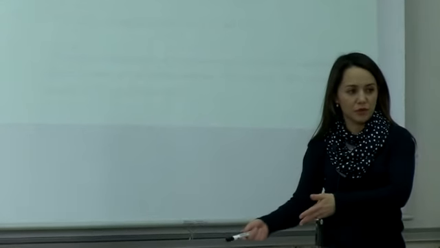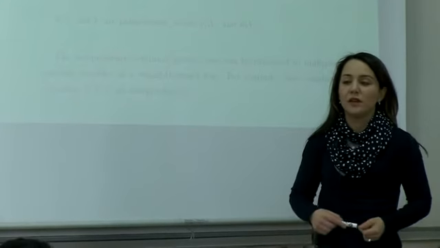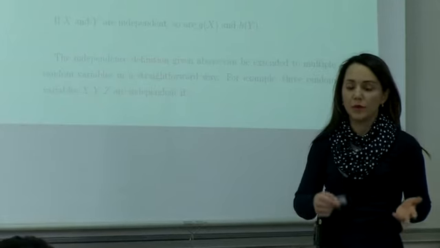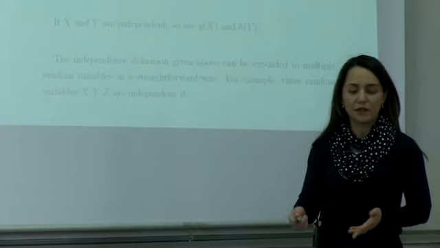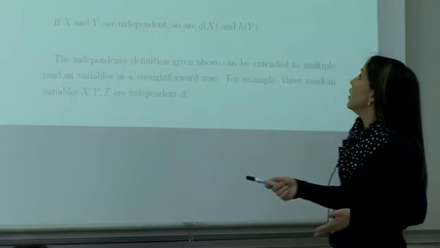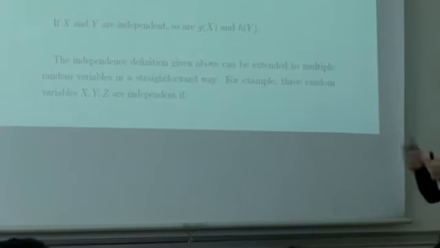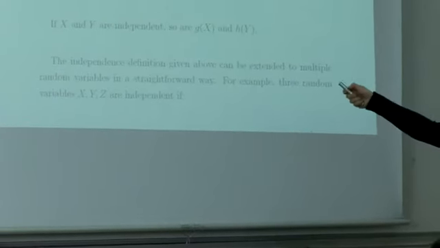Okay, and two random variables are independent if the probability that X equals x and Y equals y can be written as the product of the probability that X equals x and the probability that Y equals y. Okay? We actually wrote this last time.